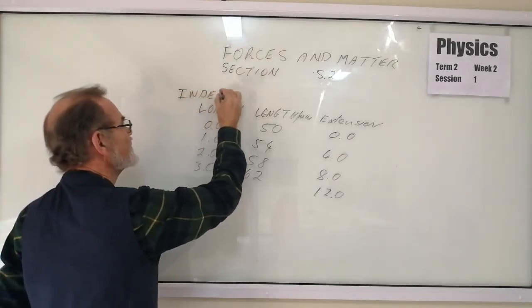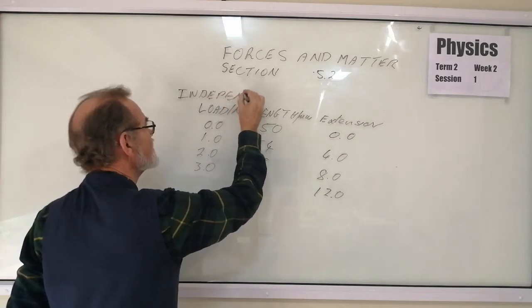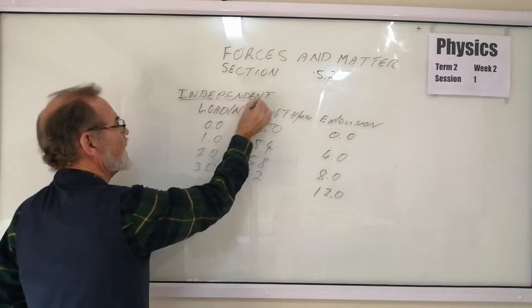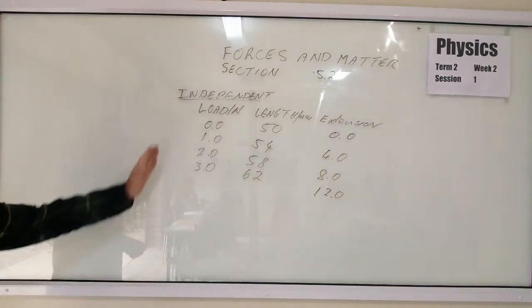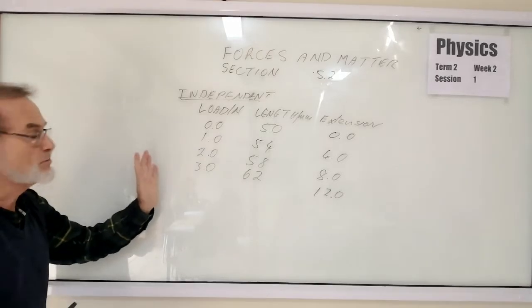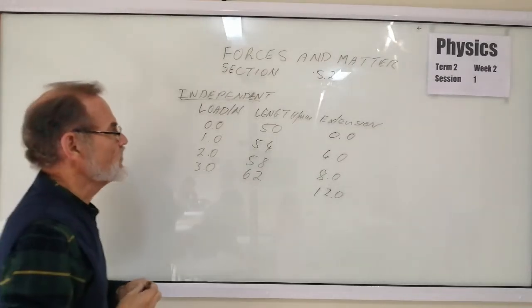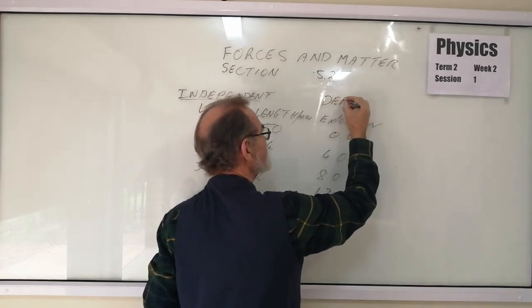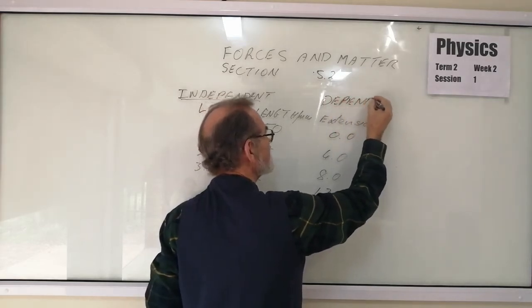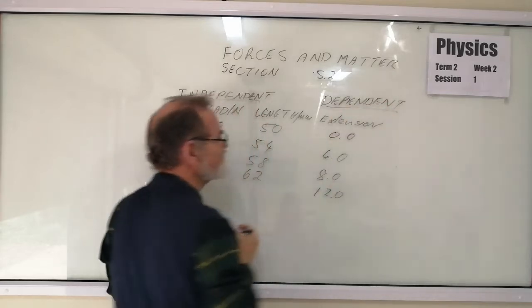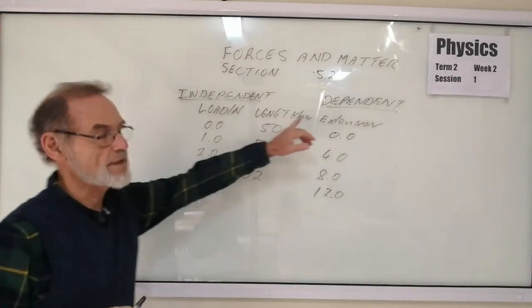Independent variable. It does not depend on any other thing in the table. It depends on what you put. You can decide what it is. This extension is dependent. This is the information that you want to determine.